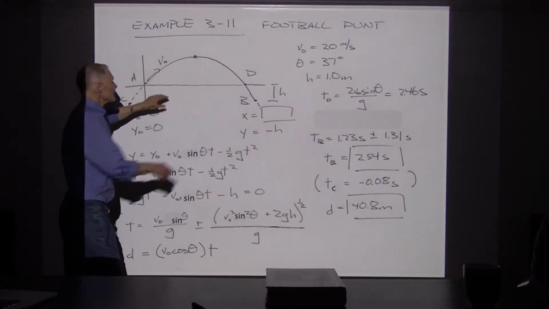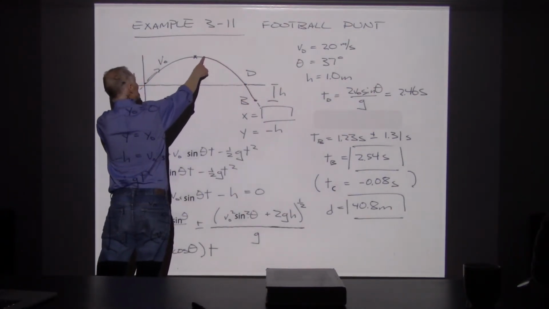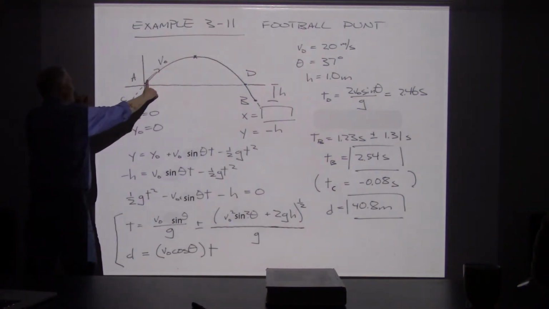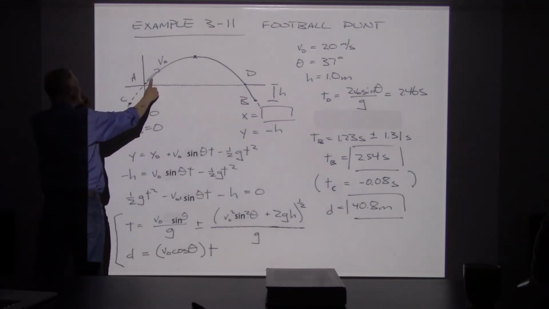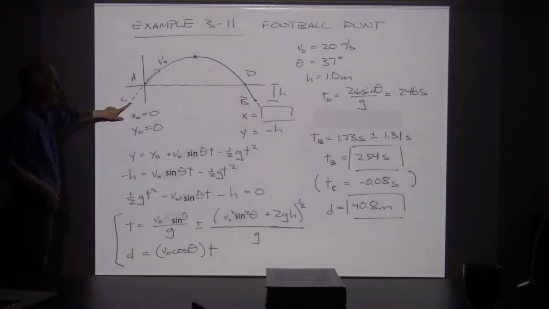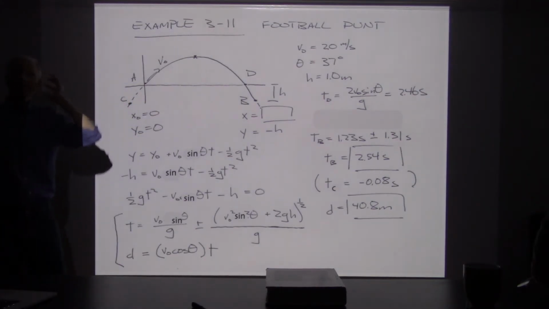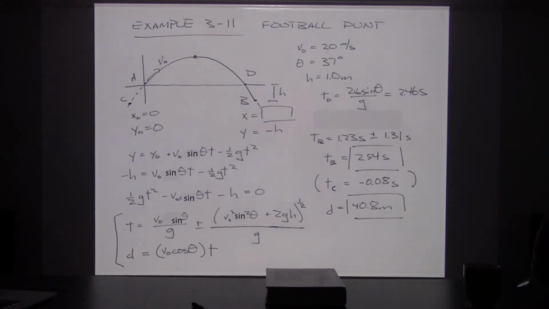What it's telling me is if I take this trajectory and I run it backwards in time, and I run it back beyond where things actually started at point A, there is another point that lines up which would have occurred 0.08 of a second before. Okay, so that's what the quadratic solution is telling us.